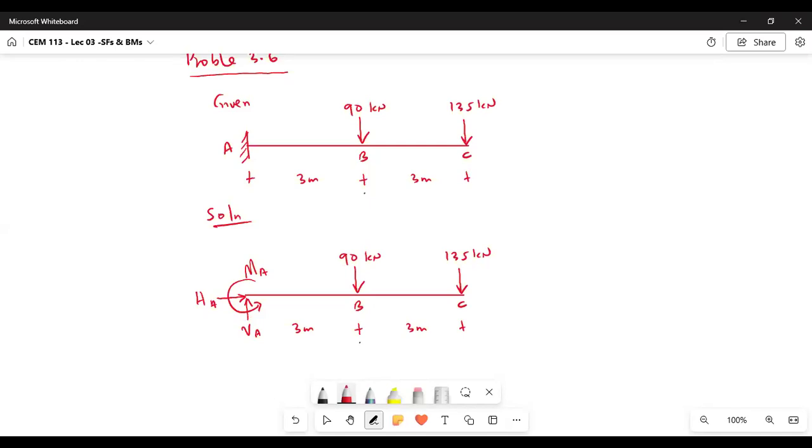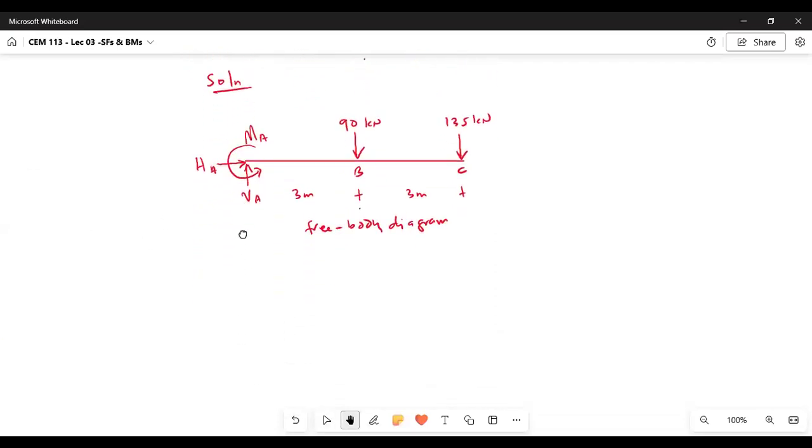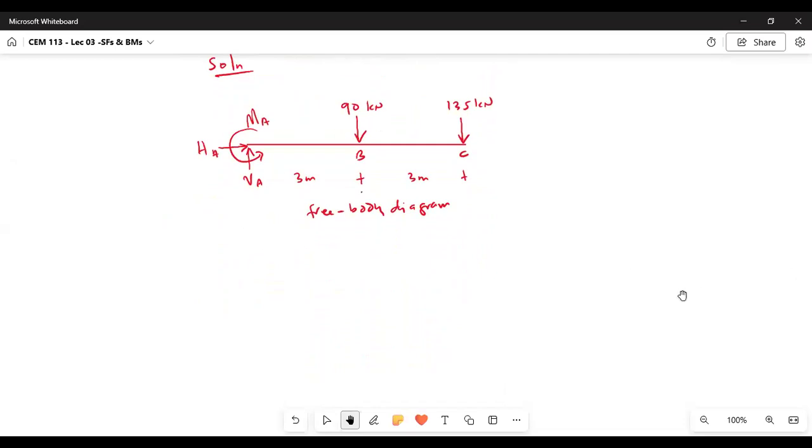So now, this is our free body. It's compulsory to draw this as usual. So we're going to use our free body now.